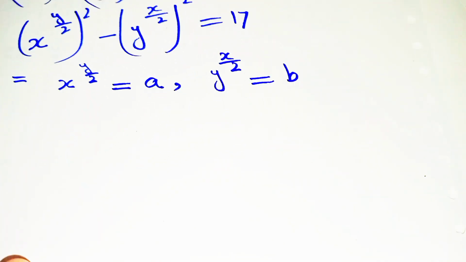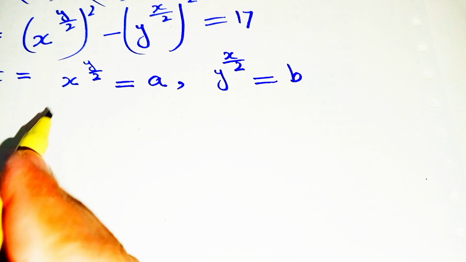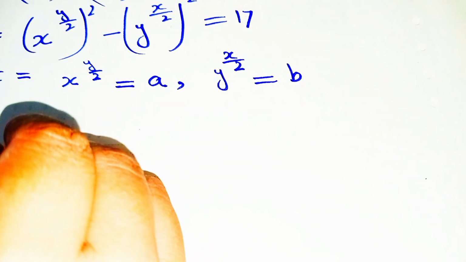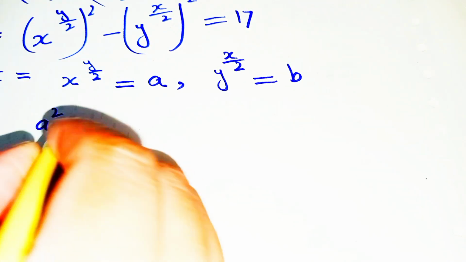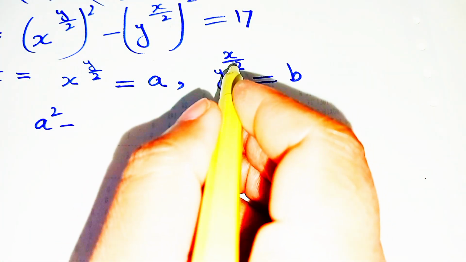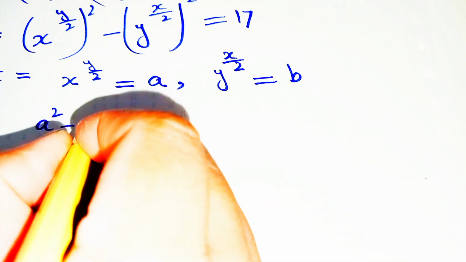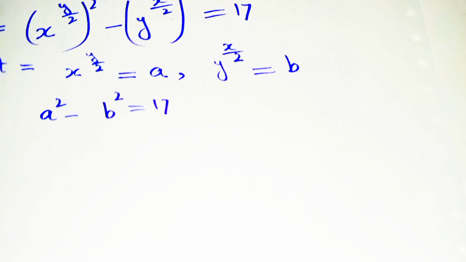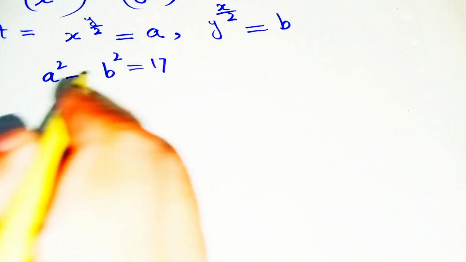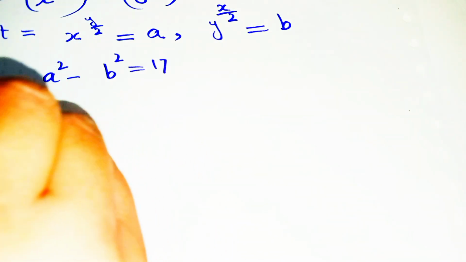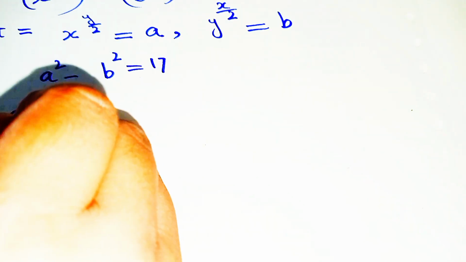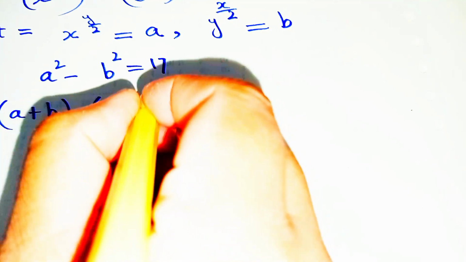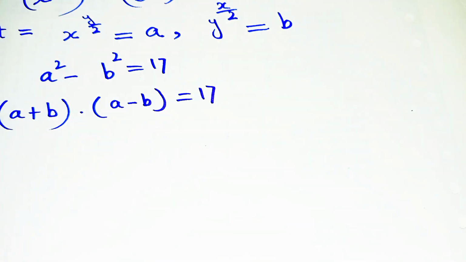So here x to the power of y over 2 is a, squared, and minus y to the power of x over 2, b squared, is equal to 17. Now a squared minus b squared is (a plus b) times (a minus b), equal to 17.